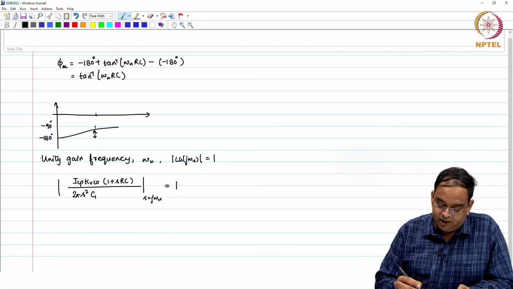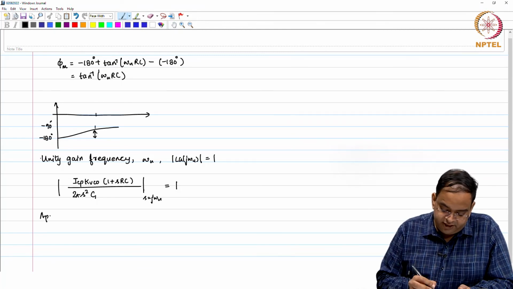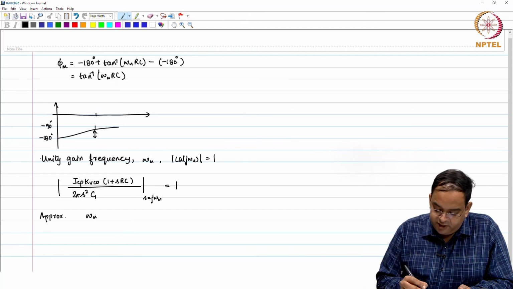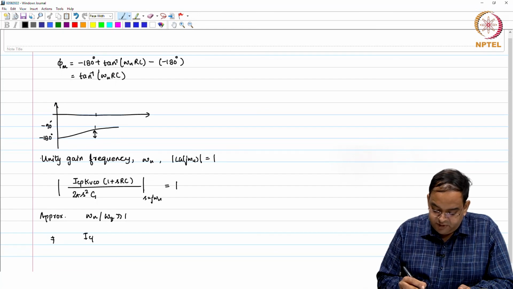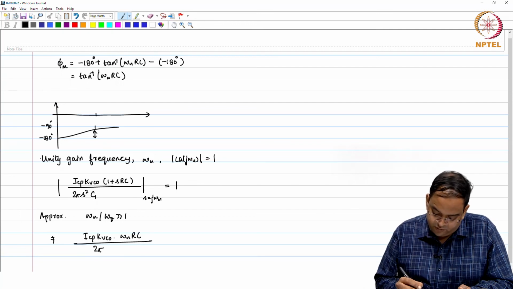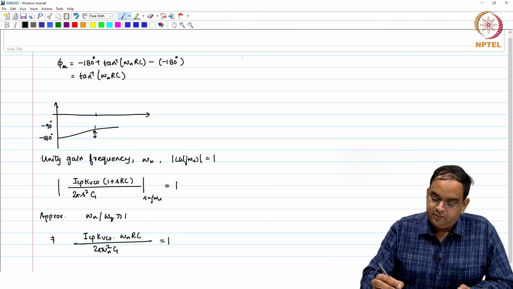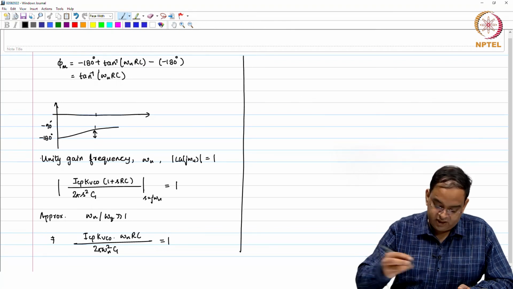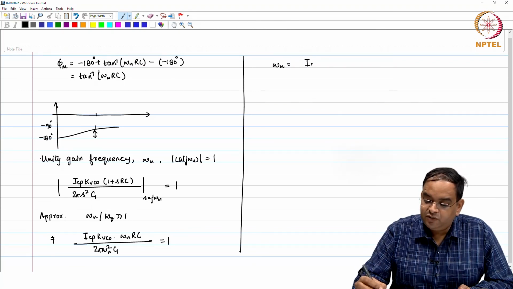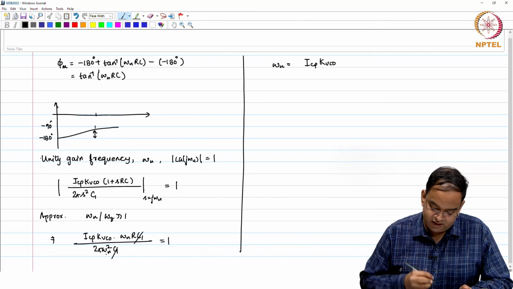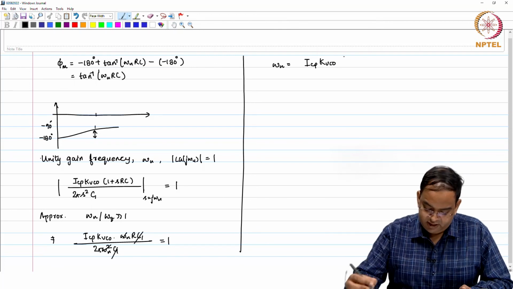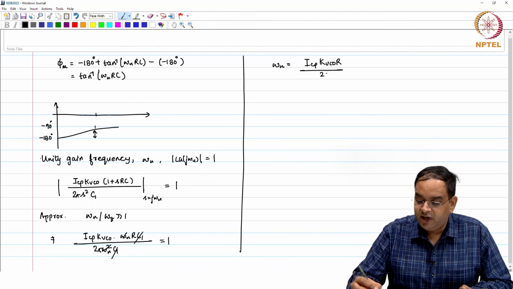Now, here I can do one substitution, approximating first that omega u by omega z is much greater than 1. It implies that ICP KVCO times omega u RC divided by 2 pi omega u square C1 is equal to 1. Given this approximation, omega u is equal to ICP KVCO times, you have the C1 cancels out, omega u goes away, ICP KVCO times R divided by 2 pi.